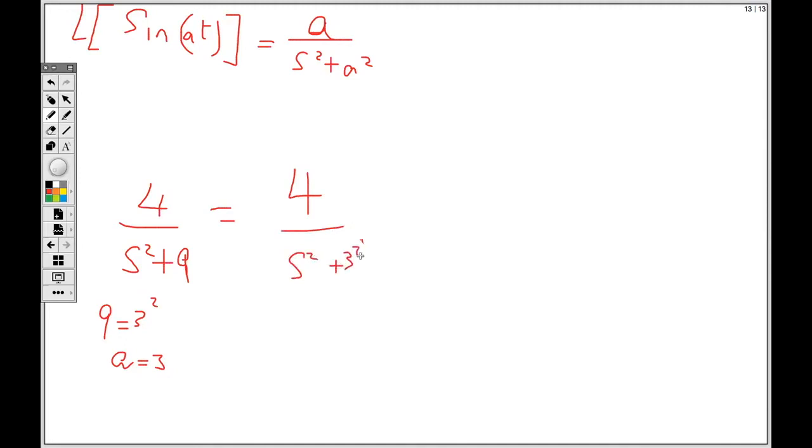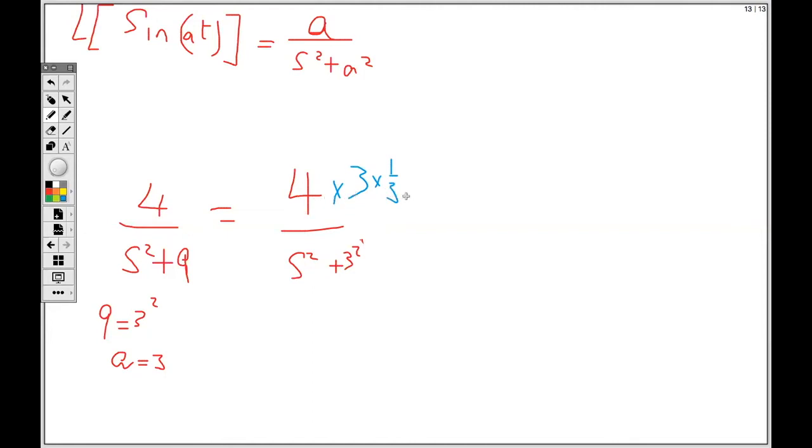Now we can't just say that this is sine at because the formula says we have to have a in the numerator, which is 3. So if you look at this, I don't have a 3, but we can balance this. If I put a 3 in the numerator because we want the formula, we also can't change the value. So that means I would have to multiply this by a third to balance it out.